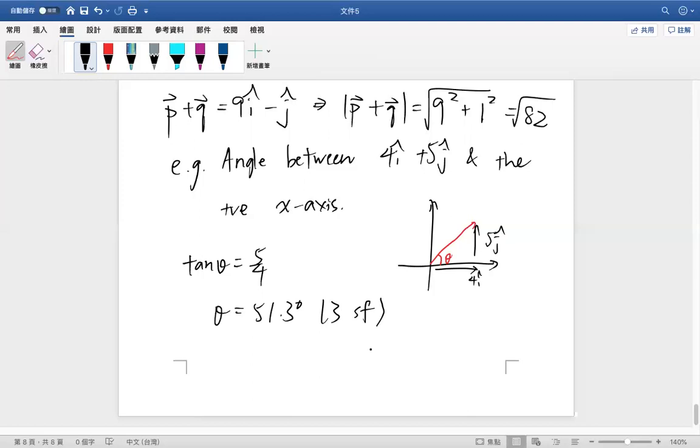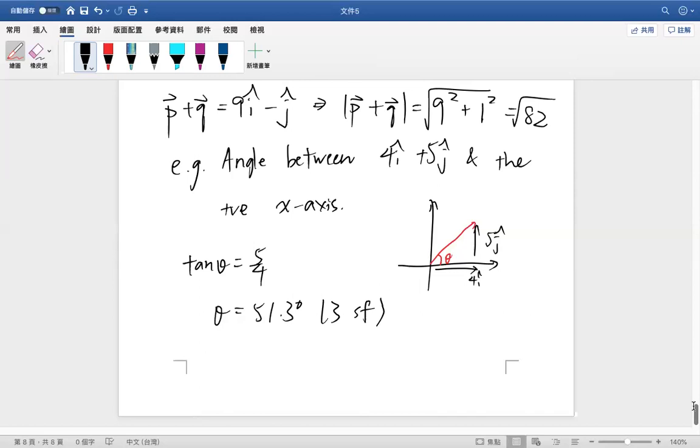So far we have not gone into physics. Now we can start talking about physics. So far we have just worked with a vector in case it is a displacement or an abstract vector.